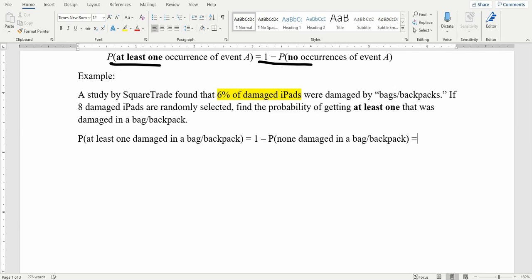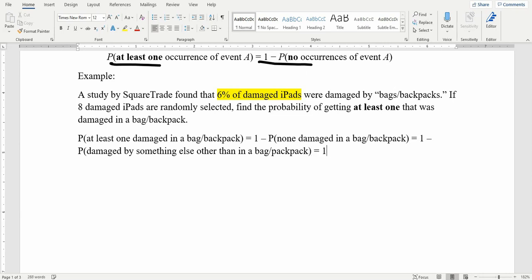However, 6% were damaged, so we're going to think about the ones that were damaged. If none were damaged in a bag or backpack, that means they were damaged by something else other than in a bag or backpack.